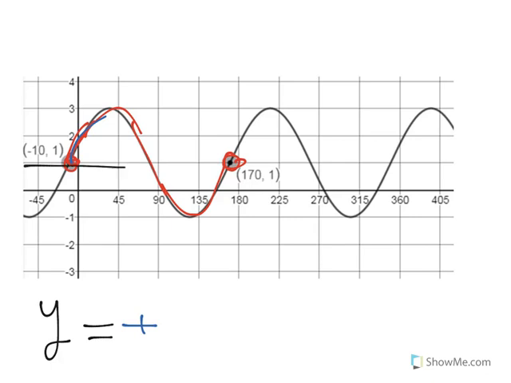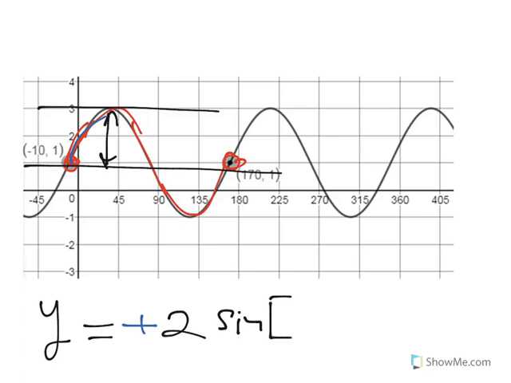Then I notice that the amplitude is 2 because the high point is 2 above the middle point. Now, the coefficient that goes before this parentheses, I'll look at what the period is. So it goes from minus 10 to 170.